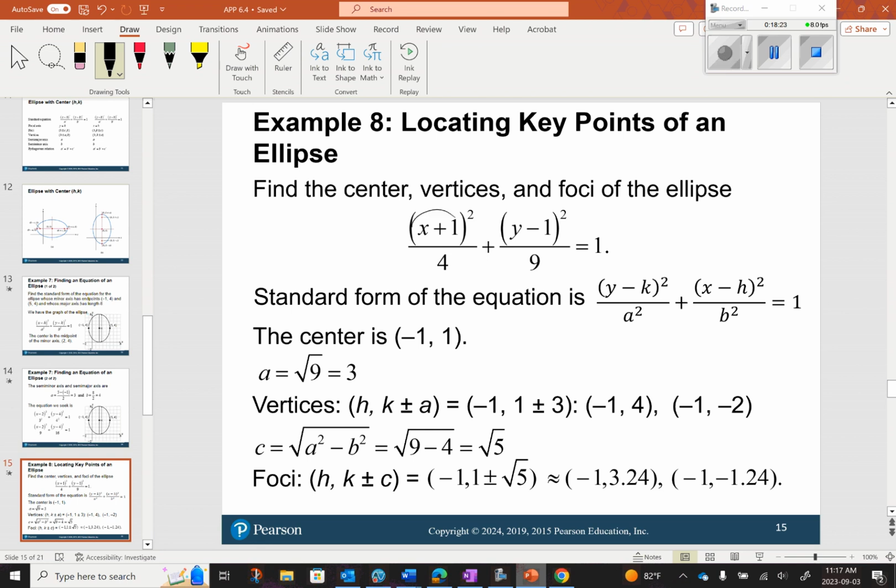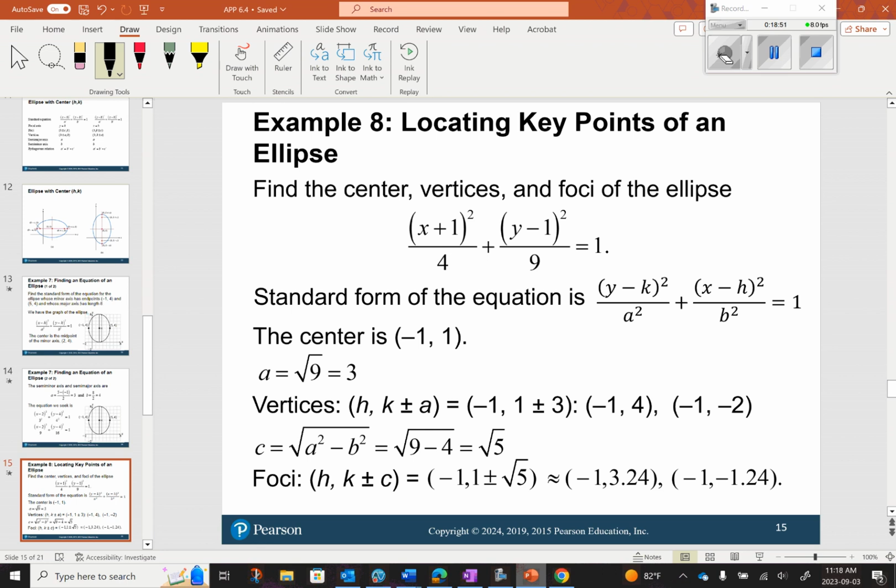And again, from the x here, it's always x minus h. X minus negative 1 is how we get x plus 1 from our equation. So the center is at negative 1, 1. Again, we're always going to use the larger denominator there as our value of a squared.